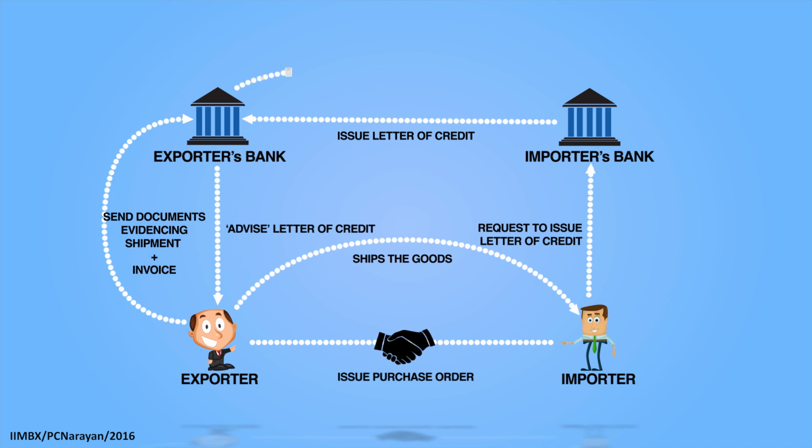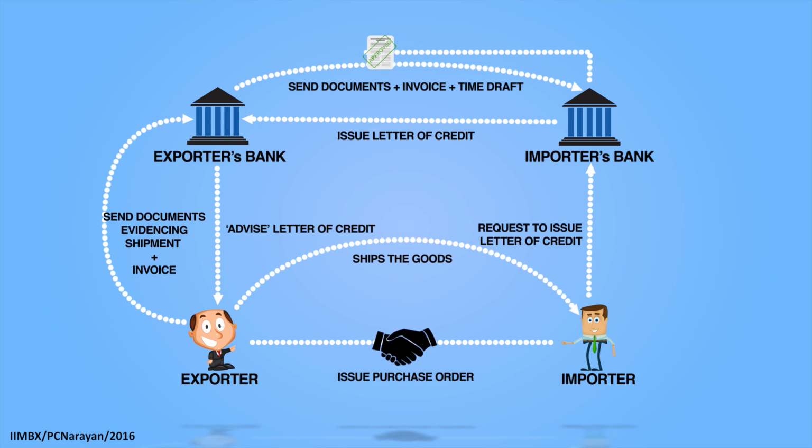The exporter's bank forwards these documents along with a time draft similar to a post-dated check to the importer's bank that has issued the letter of credit. On receiving the time draft along with the documents, the importer's bank will stamp the time draft as accepted and return it to the exporter's bank.